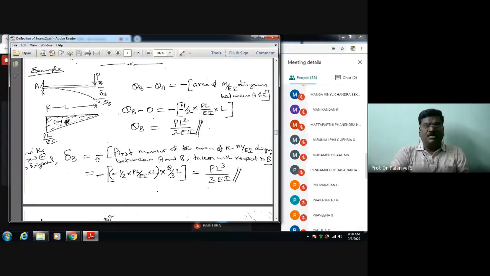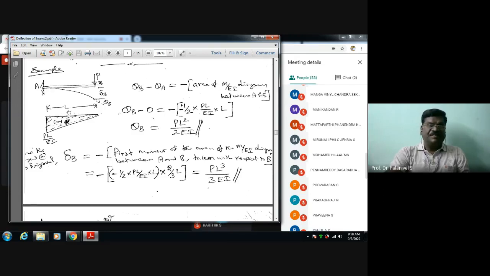Minus half into, what is the area here? PL by EI into L, because the triangle, that's why half into height into length, into the moment. First moment of area with respect to which point? With respect to B. B is here. What is the centroidal distance from B here? 2/3 L. From the base, it is 1/3 L.